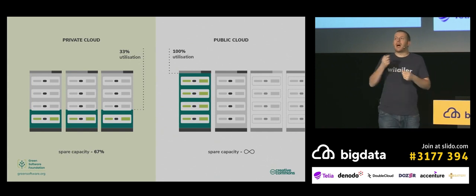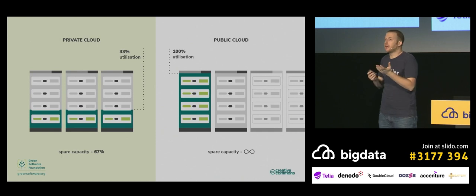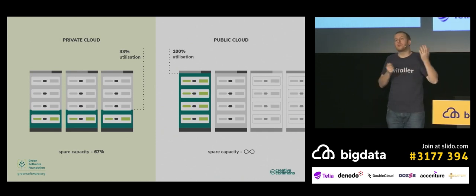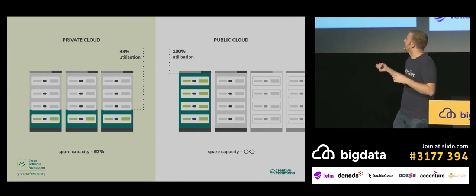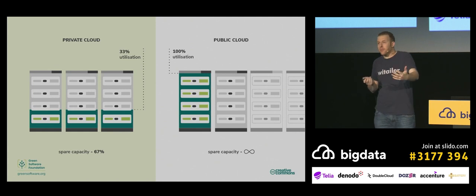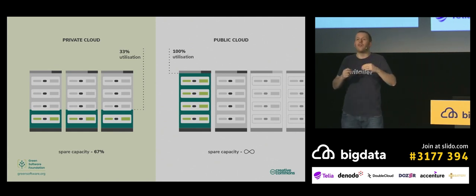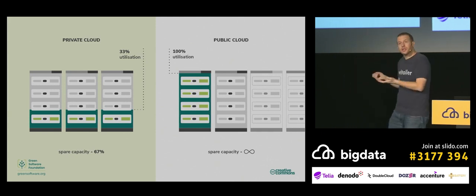I'm not saying that is a mistake, but it's very likely that in a private cloud or private data center, you cannot really achieve this kind of utilization, except if you have a good level of automation technology that recreates those conditions.